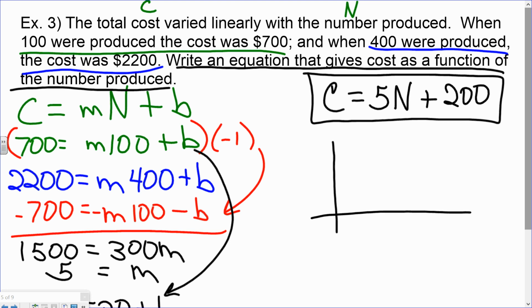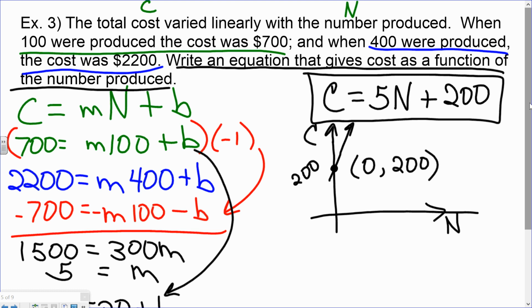We weren't asked to do that on this problem, but c equals 5n plus 200 means I have a y-intercept of 200, and I have a slope of 5. So my line's going up like that, and here's my cost, and here's my number produced. That means I have the point 0, 200 on there.